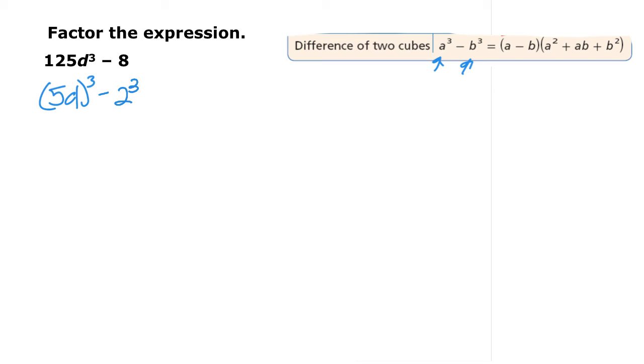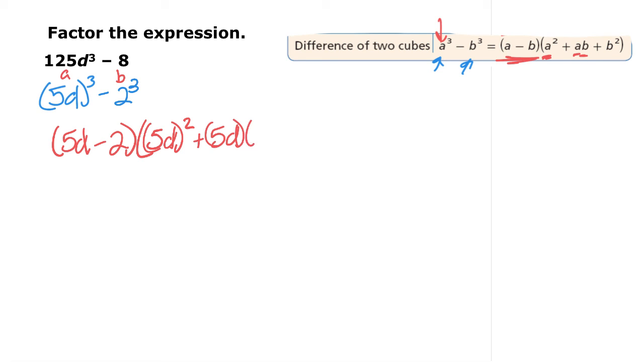This 5d is going to be like my a over here, and 2 is going to be the b. And so when I factor this, first thing I have is a minus b, so it's going to be 5d minus 2. Then I have a squared, so it would be 5d, I'm going to put that in parentheses and square it, plus a times b, so 5d times 2, and then b squared, so it'd be plus 2 squared, which would be 4.